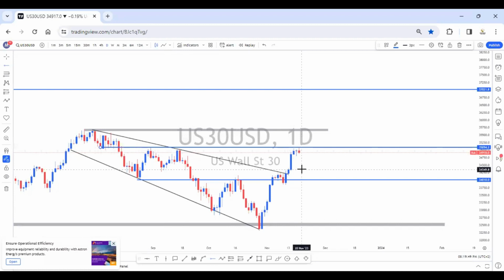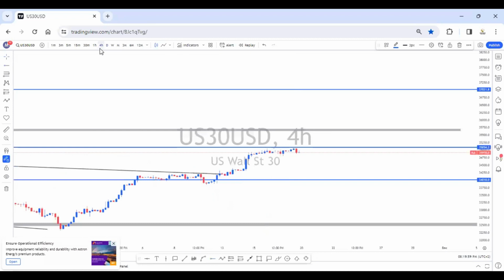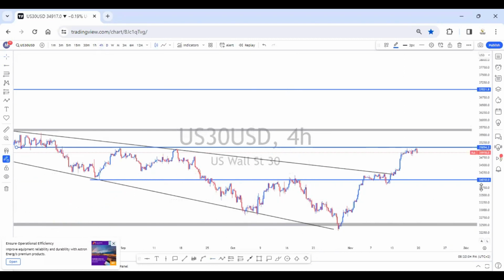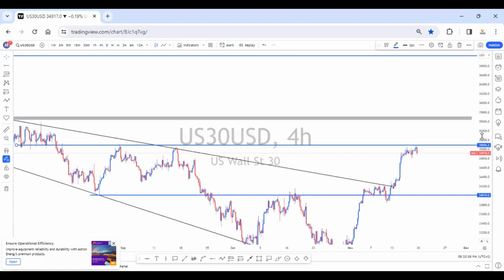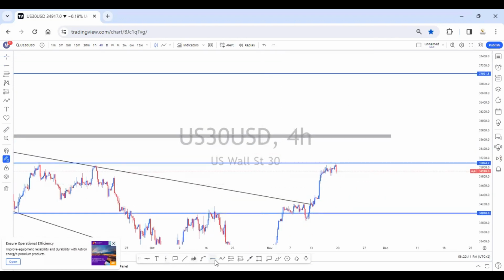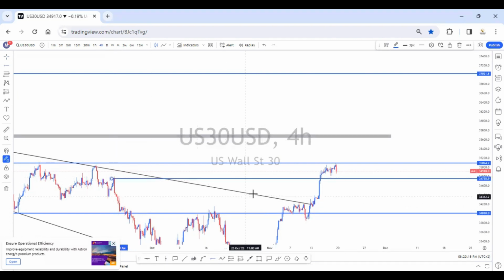So currently, what I'm expecting to happen as we are going to trade tomorrow, let's go to the H4 time frame, because H4 is mainly used for the continuation pattern or the reversal pattern. So you will realize that the market managed to give us this zone.